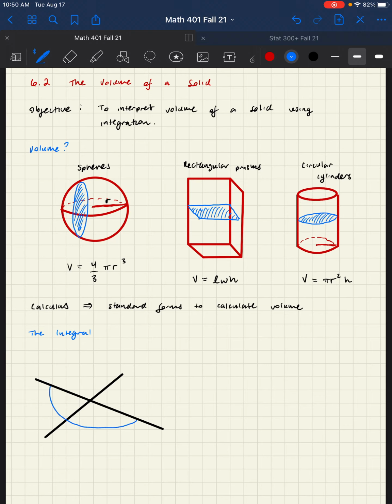I'm just going to draw it in. You can think of this as a half dome lying on the XY axis. That's my solid. And we're going to take some plane of it.